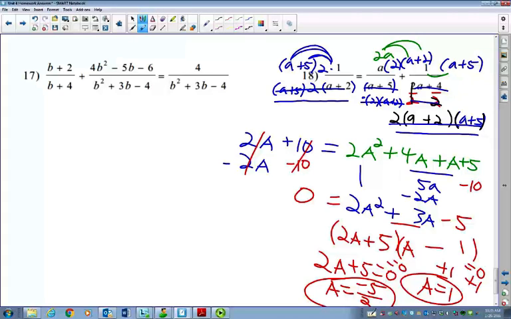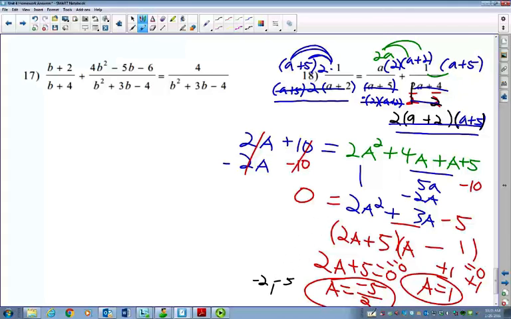And then what you're supposed to do is to plug it back into the original equation and make sure it works. But really just make sure there's no exclusions there. So let's just find our exclusions and make sure those don't match up. So the exclusions are, can't have a negative 2 because that would be bad, and can't have a negative 5 because that would make 0 in the bottom.